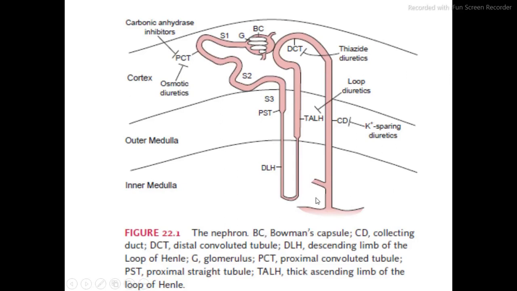Over in the bladder, it is stored until urination removes it from the body.